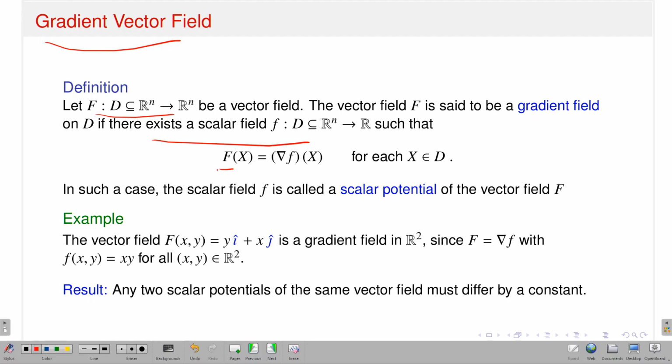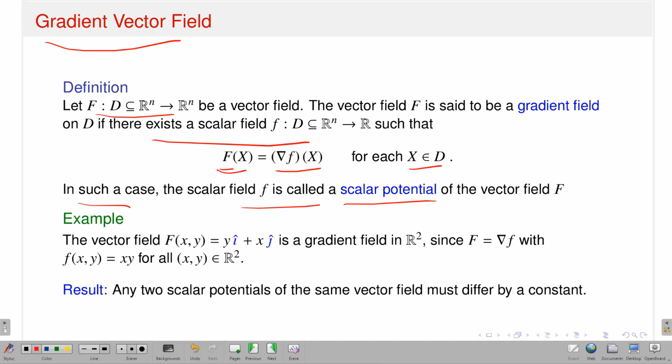I already told you that if I have a scalar field f and take the gradient, it becomes a vector field. Therefore, a gradient vector field is a special kind of vector field. In such a case, that scalar field is sometimes called the scalar potential.